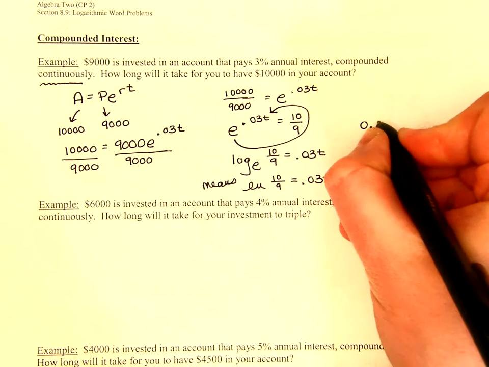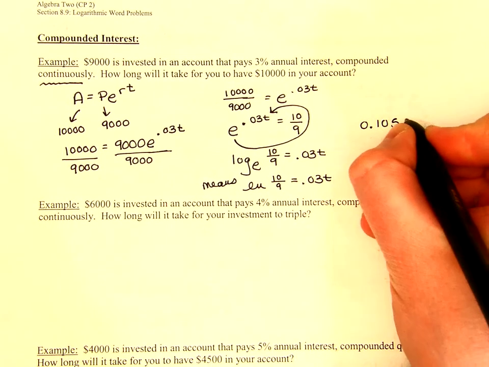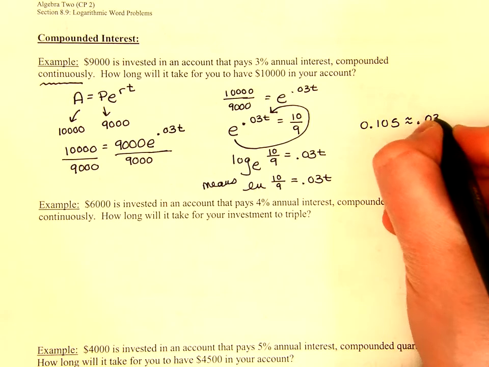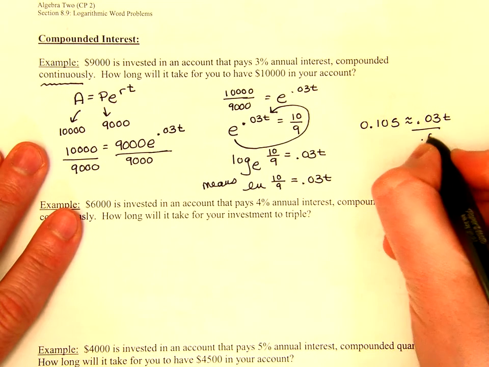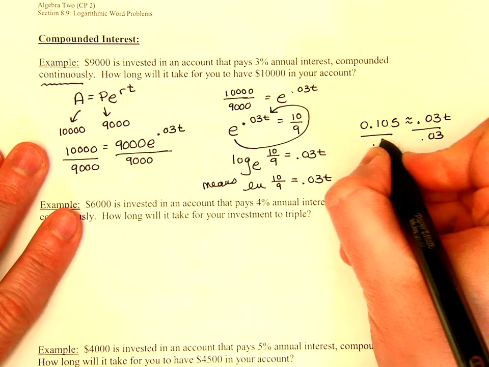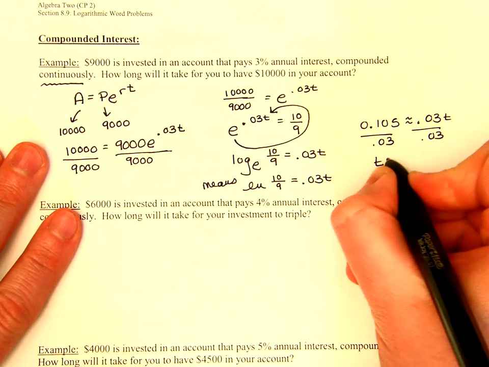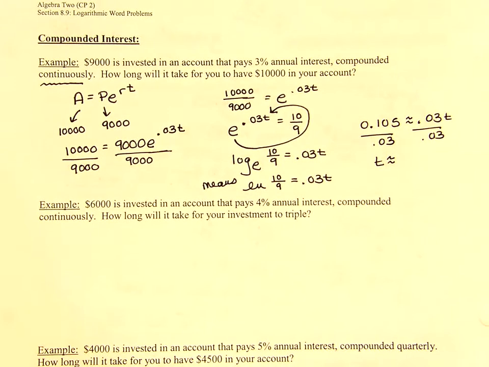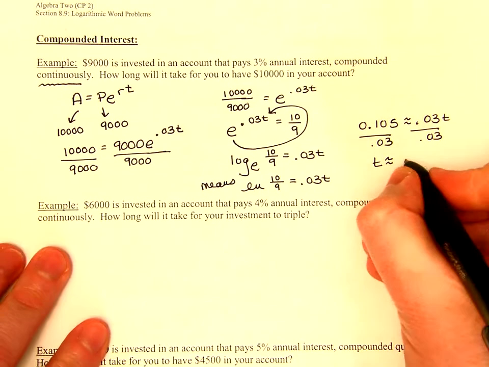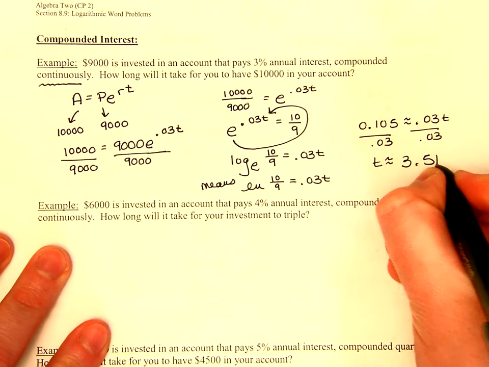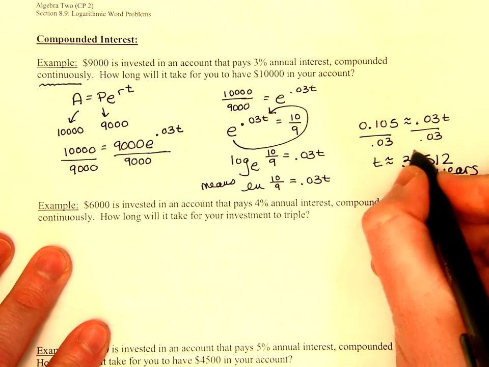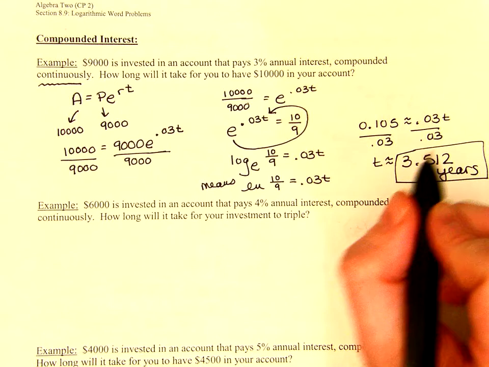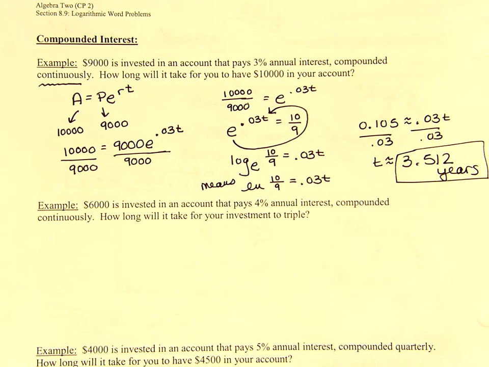Should give us about 0.105. It's approximately 0.03t. Divide both sides by 0.03. And we're going to get a time of 3.512 years.